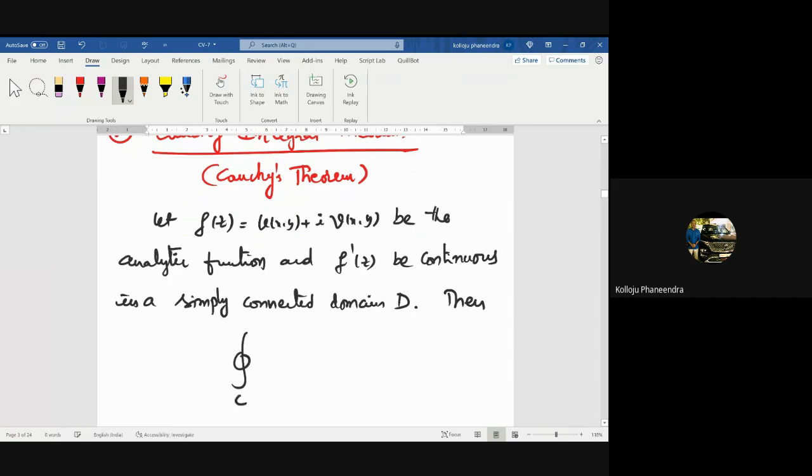Integral over C. This circle means circulation, closed curve. Whenever the circle is mentioned over the integration, it means the curve must be closed.